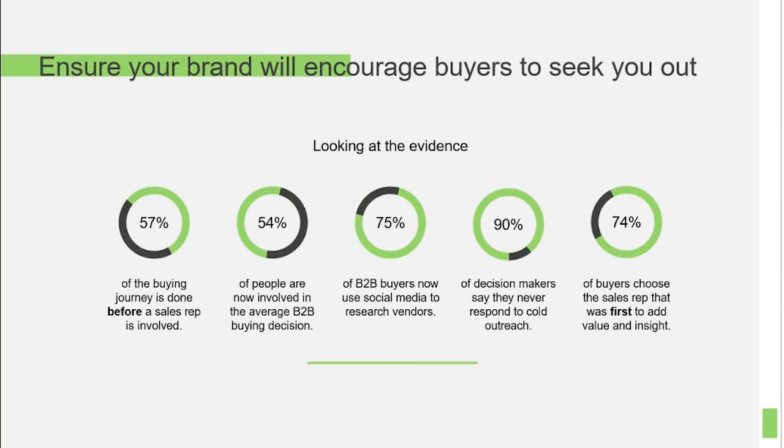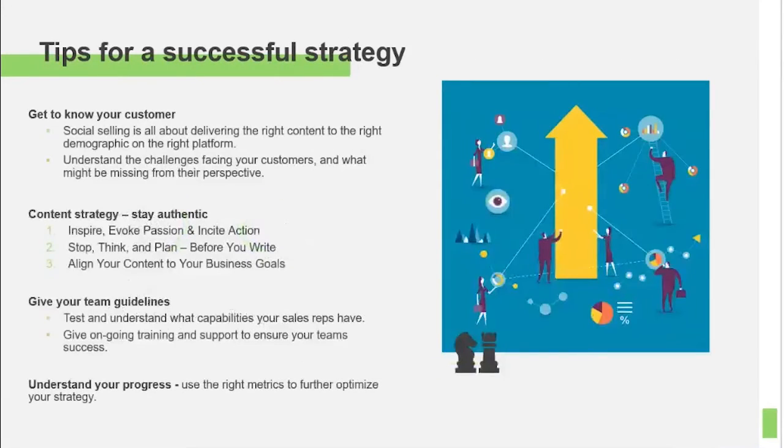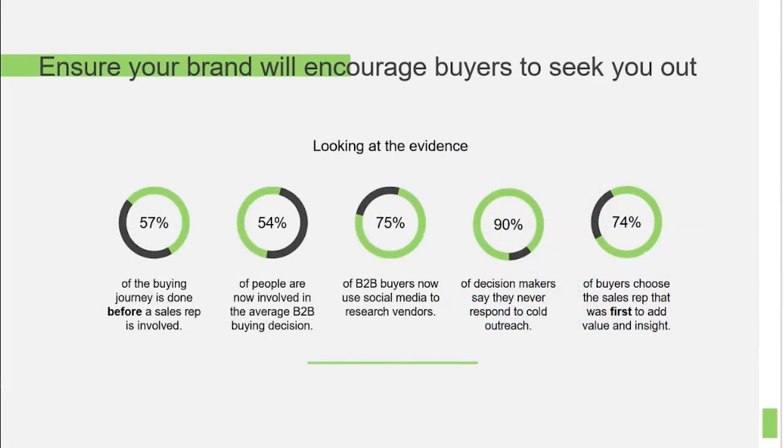Yeah, absolutely. And I like that last data point about value and insight. One of the things that's really important about a successful social marketing strategy is to ensure that you are adding value, and a value in terms of your own company and your own product here and there. But I think insight and value in terms of your leadership and your thought leadership in an industry, back to that education point, potentially moves the needle for you as a seller more than value that's specific to your company and to a product.